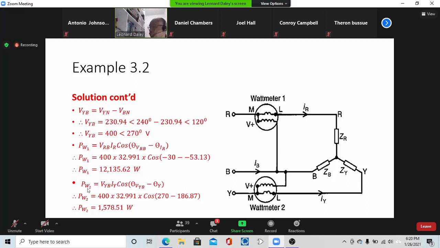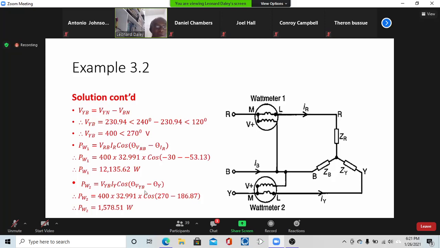And wattmeter 2 would be reading VYB times IY times the cosine of the phase difference between those two phases. All right. So VYB is at angle 270 and IY is at angle 186.87.